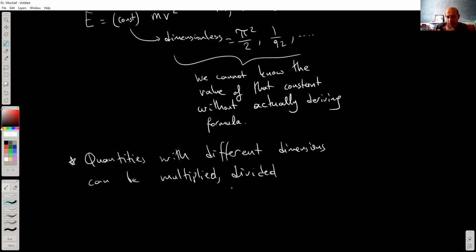And we also can take the powers and things like that. So I can have mass multiplied with the square of velocity. All right, so this is allowed, right? It's mass multiplied with the velocity squared. I can multiply quantities with different dimensions.